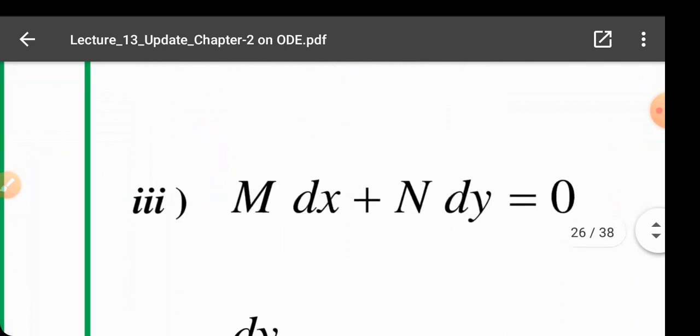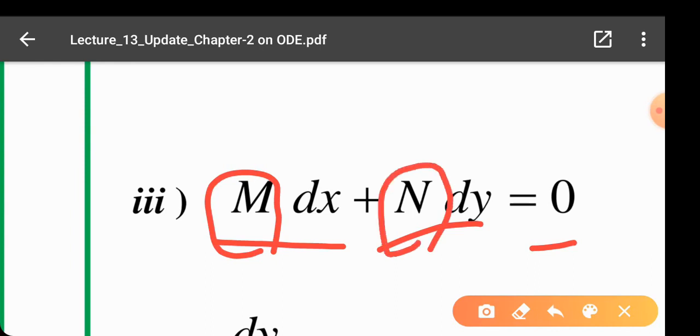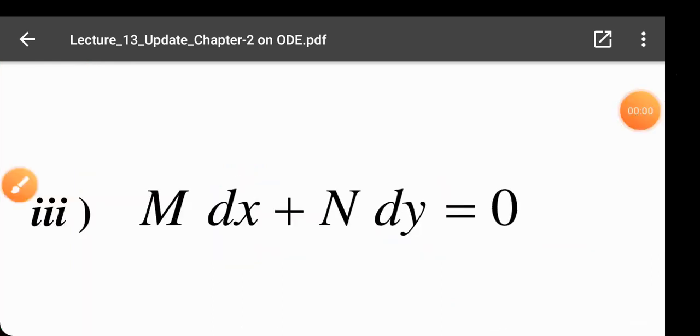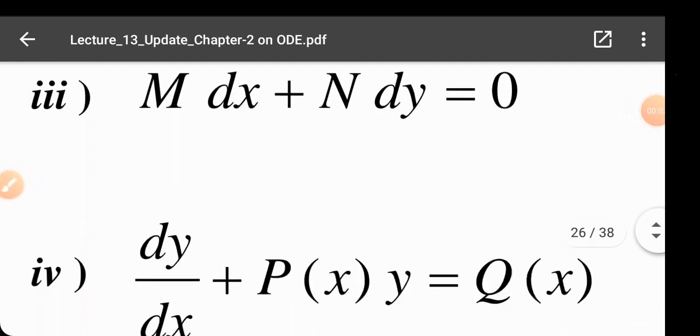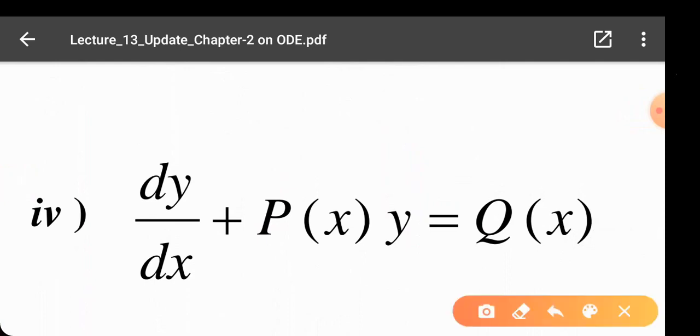A differential equation may also be of the form m dx plus n dy equal to 0, where both m and n are functions of x and y. It may also be dy/dx plus p y equal to q, where p and q both are functions of x.